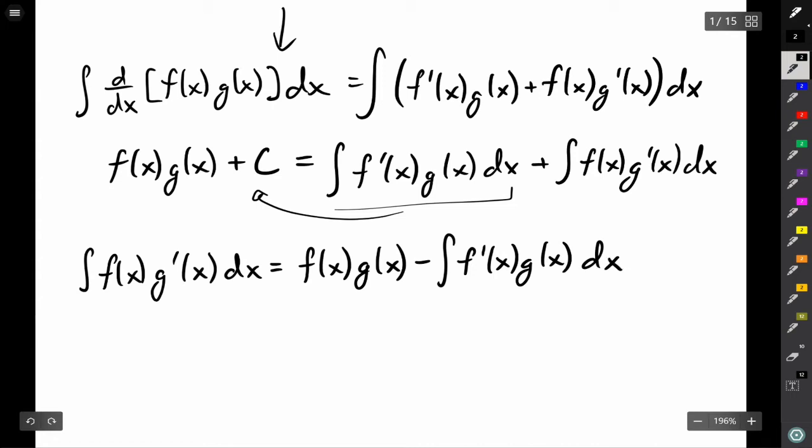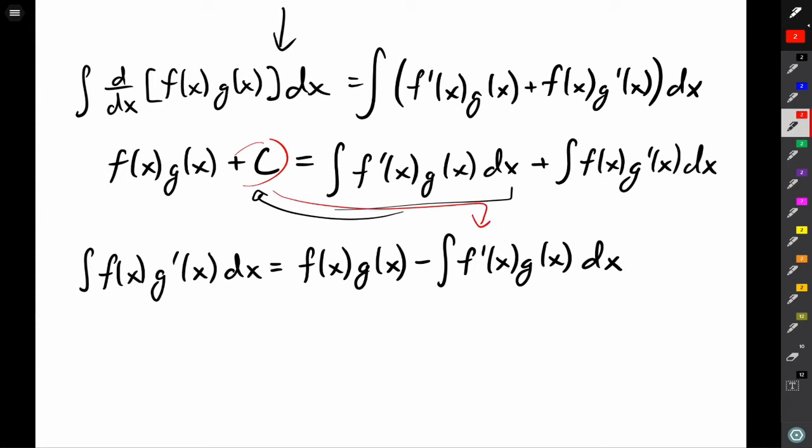Right? And actually what I'm going to do with this plus c is hide it inside this integral. When I compute this integral, I'm going to get a plus c from that, so we'll deal with it when it shows up there.